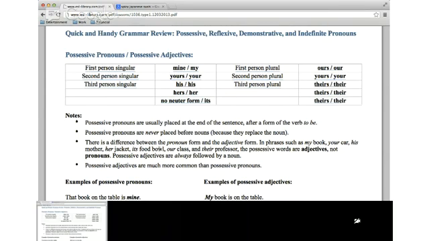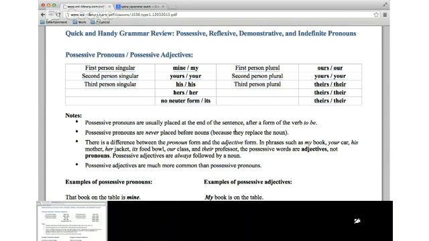Possessive adjectives are much more common than possessive pronouns. Great, thank you very much.